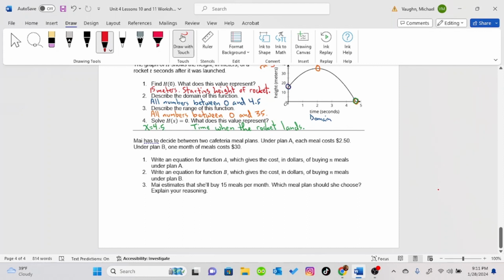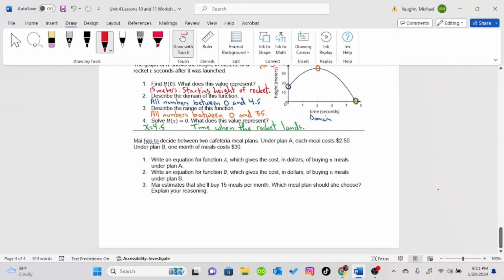Mai has to decide between two cafeteria meal plans. Under Plan A, each meal costs $2.50. Under Plan B, 1 month of meals costs $30.